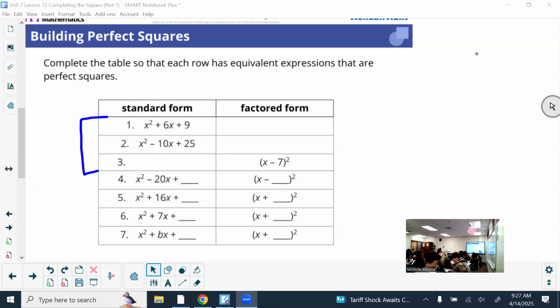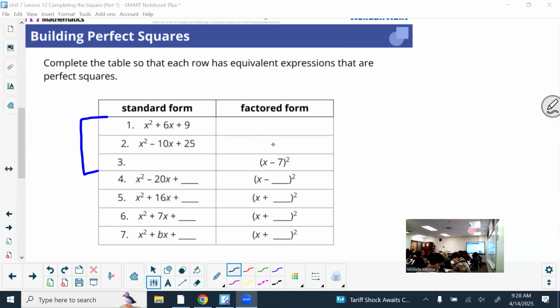Okay, table 8, what would be the correct factored form for the first one? All right, well, we have no time to waste, so we'll come back to you, but you guys have that one.